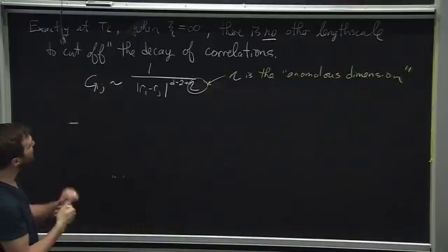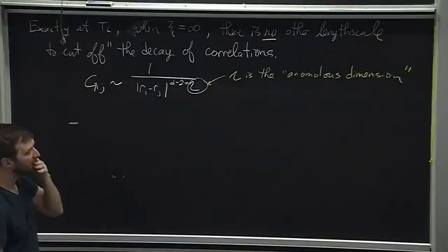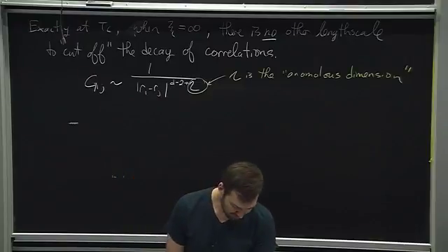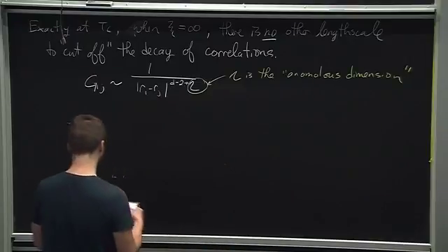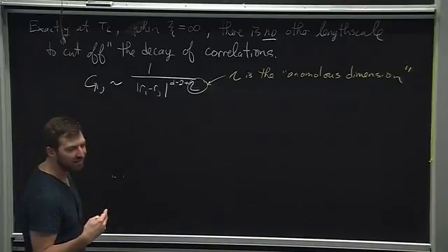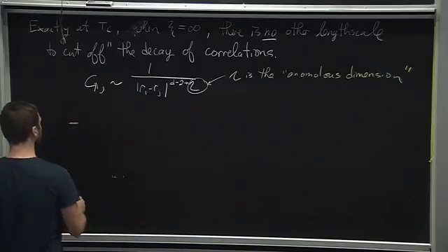But scale invariance, the absence of this correlation length, gives you an additional global symmetry which hasn't been accounted for. And it is also essentially the reason that Landau theory breaks down when we're at criticality.